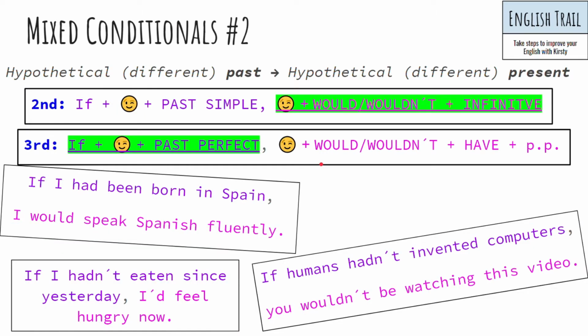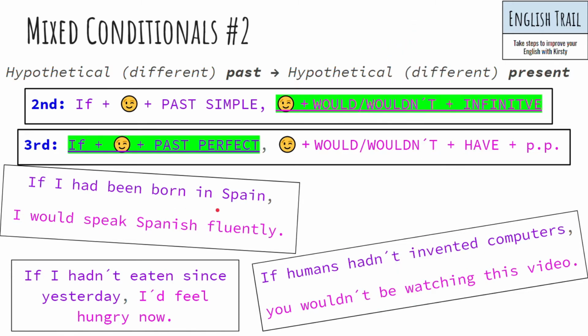So we use this structure to talk about how your present situation would be different if something had been different in the past. So for example, if I had been born in Spain, I would speak Spanish fluently now.